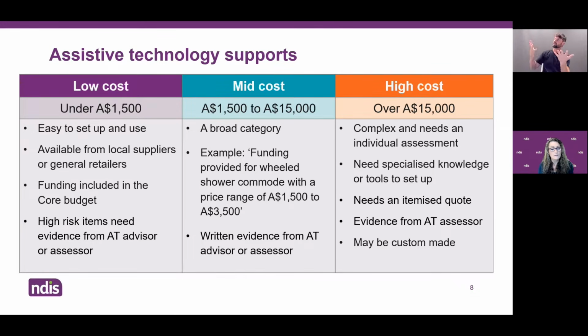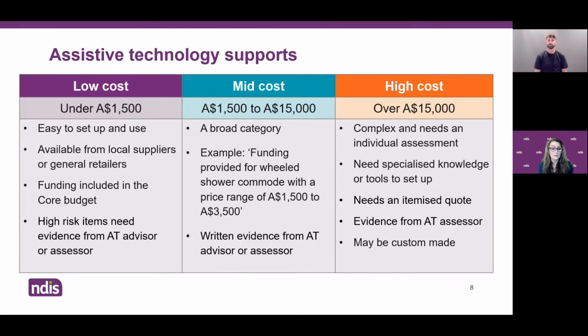The funding for low-cost AT is included in the core consumable section of an NDIS budget. Some examples of low-cost AT include adaptive cutlery, visual doorbell alerts, walking sticks, and basic shower chairs.